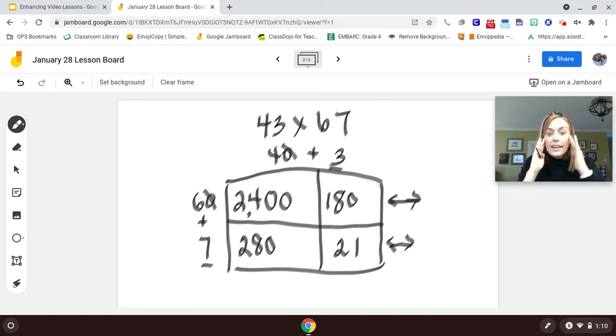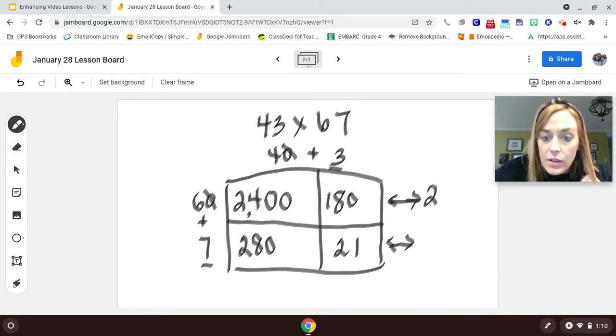Now, I'm going to do that mental math again. So I'm going to come up here to this top row, and I'm going to say I have 2,000s and 400s. And then I have another 100, so I can add that 100. So I have 2,000s. Now I have 500s, and then I have 8 10s. Okay. Same thing down here. I have 200s. I have 8 10s. Oh, I got to add 20.